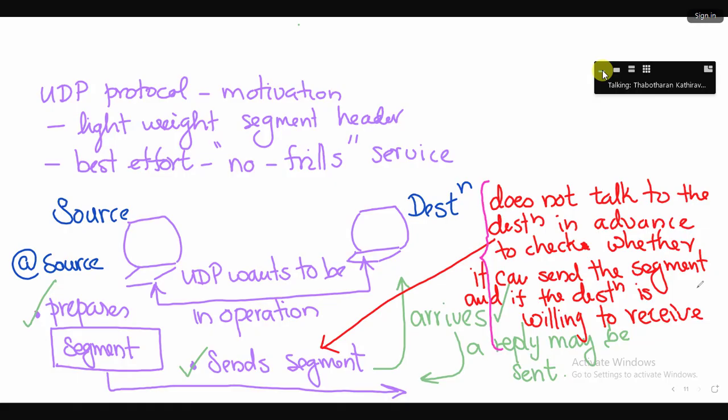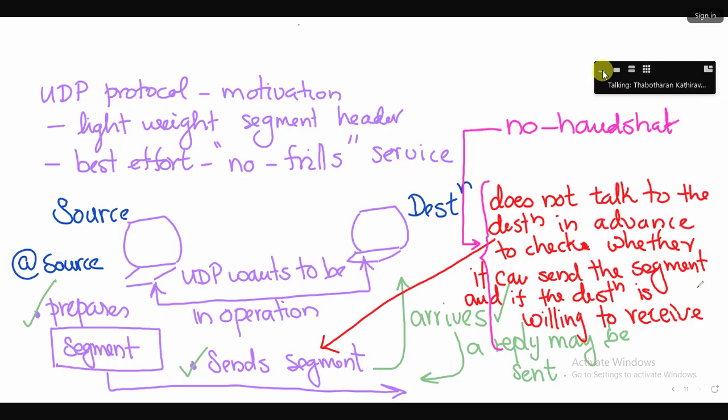When they talk and then start sending and receiving data, that process of talking with the other side and making sure the other party is ready to receive the data is called handshaking. And here, since this one does not do the talking, this is called a no handshake.